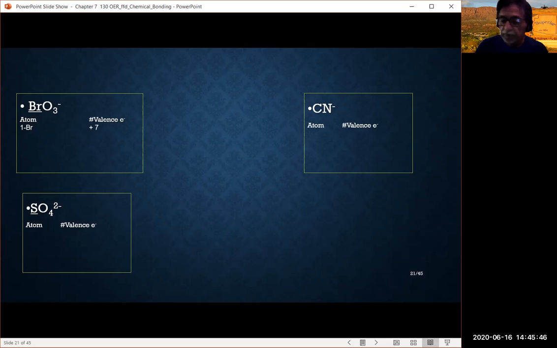Bromine is in group 7. So it has 7 valence electrons. Oxygen, there's 3 of them. Okay. It's in group 6. So we're going to bring in 18 valence electrons. And then because it's a -1 charge, it's an anion, we add 1. Okay.